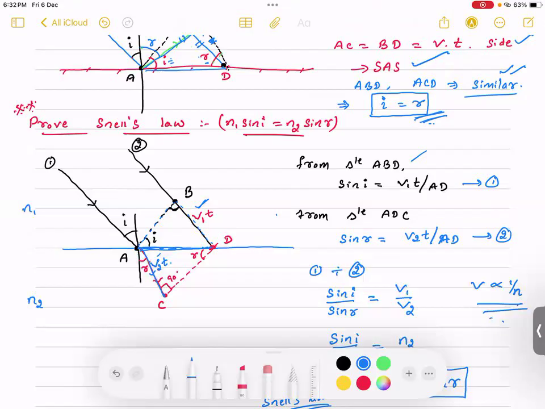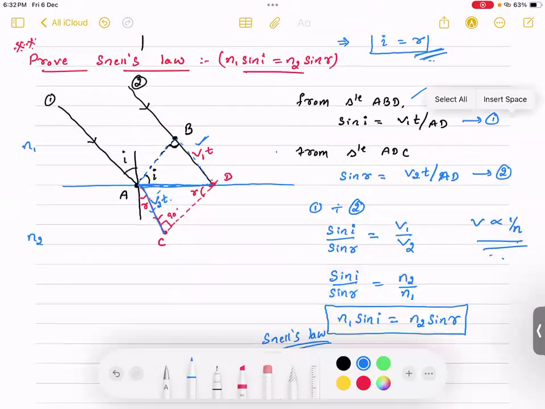So if I divide these equations 1 and 2, T by AD and T by AD get cancelled. So what is sin I by sin R then? V1 by V2. And by the definition of refractive index, how V and N are related? N is equal to C by V. So V and N are inversely proportional, no? Yes, sir.